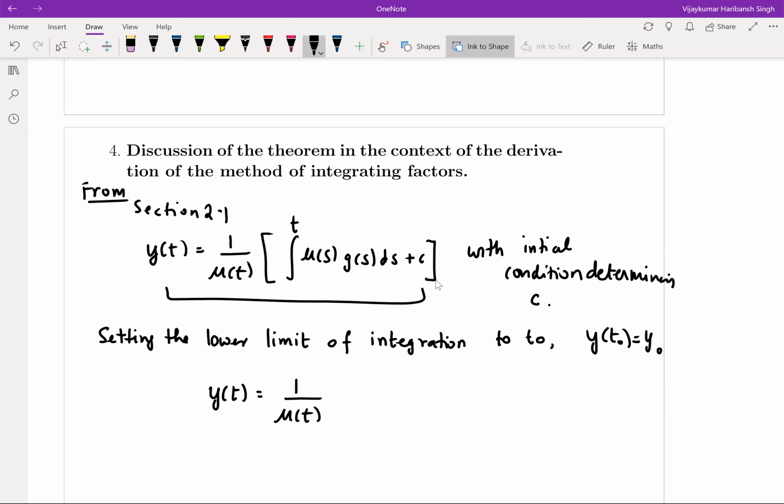So, a discussion of the theorem in the context of the derivation of the method of integrating factors. We'll try to see how the method of integrating factors helps us to prove this theorem.